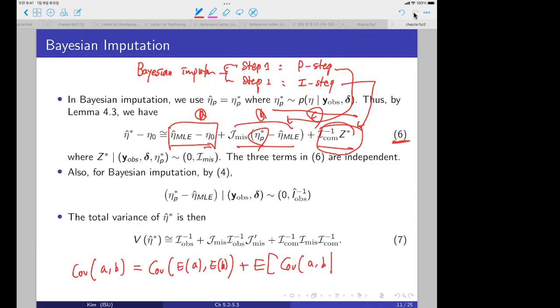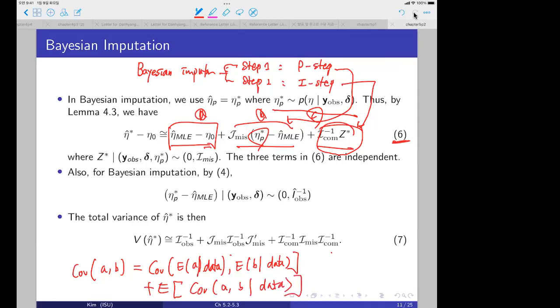So what is conditional? We are conditional on data. Conditional on data, what is random?